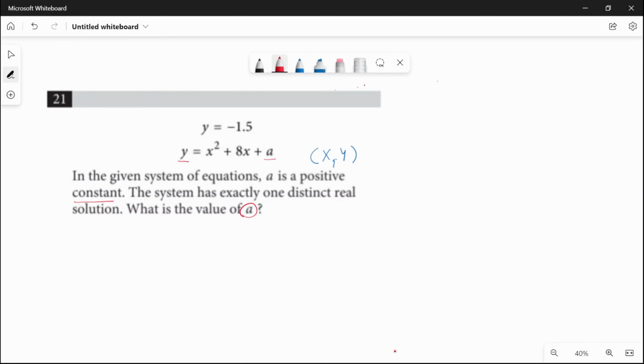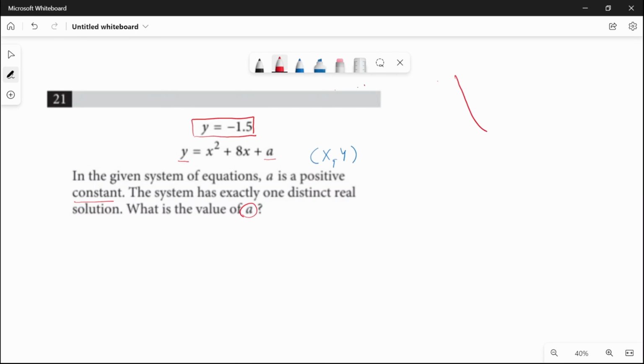Now the first equation given represents a horizontal line. And the question says that this system of equations has only one real solution. That means that this horizontal line intersects the quadratic function only one time. That means that it intersects at the vertex point of the quadratic function.